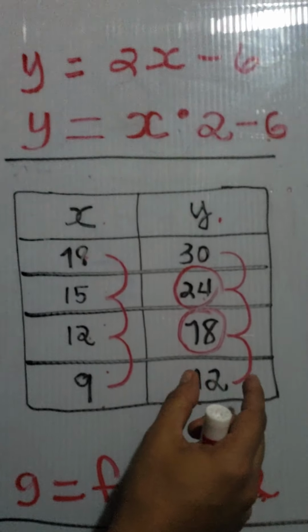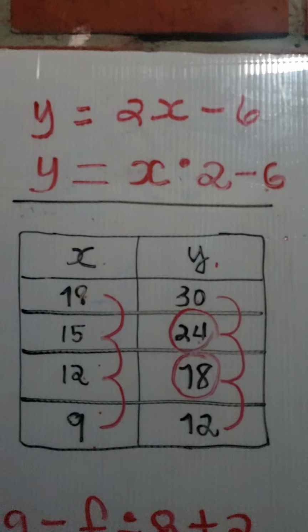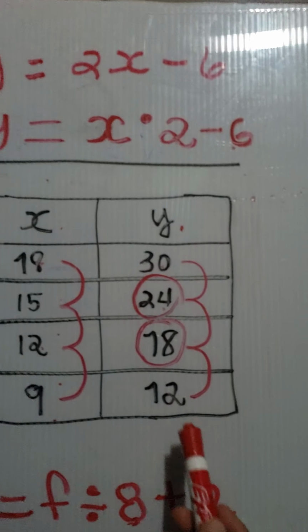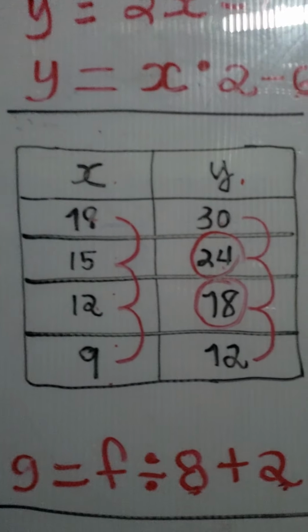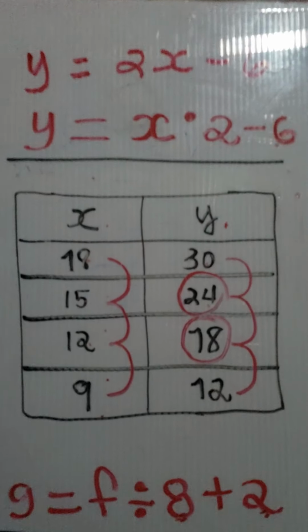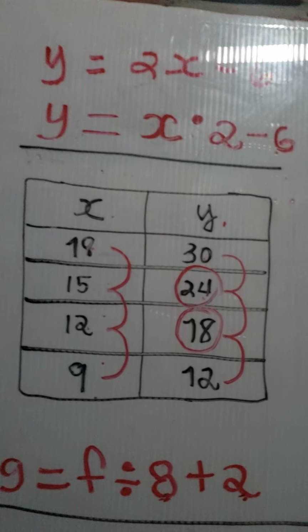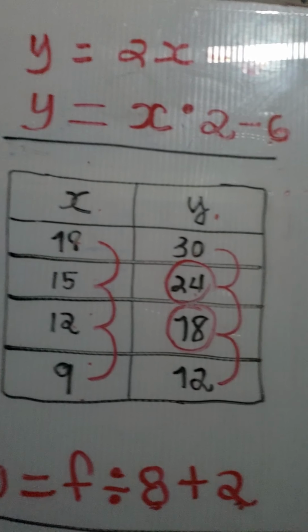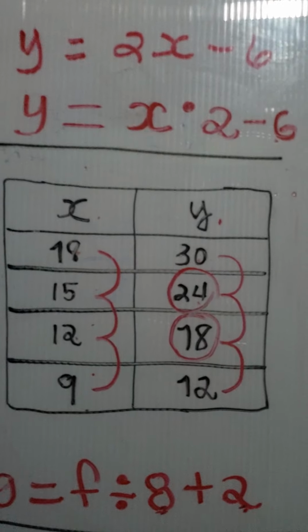Now let's see, for this y, which do you think is a good pattern? We have the number 12, then 18, then 24, and then 30. So I think that the number 3 can be okay. Or maybe 5. I'm gonna do it by 5. Let's see.